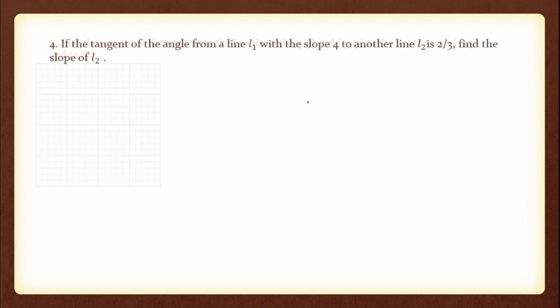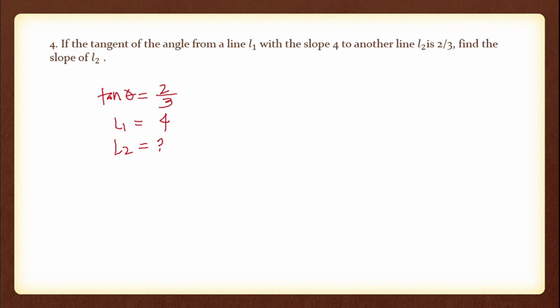Alright, so let's proceed with number 4. If the tangent of the angle from line 1 with a slope of 4 to another line 2 is 2/3, find the slope of L2. The first is we have the given tangent equal to 2/3, and L1 has a slope of 4, and for L2 we have the unknown.